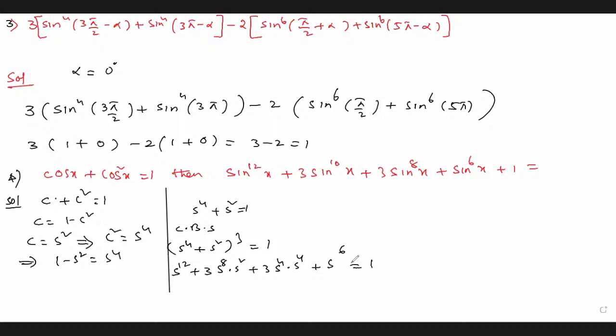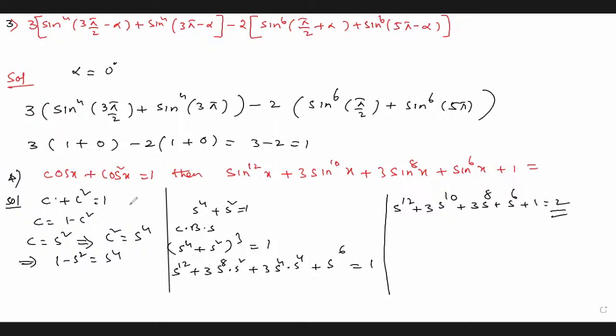Now he asked you to find the value of this expression, so simplify it. Adding 1 to both sides, you get sine power 12 plus 3 sine power 10 plus 3 sine power 8 plus sine power 6 plus 1 on the left-hand side, and on the right-hand side 1 plus 1 is equal to 2. So the answer is 2.